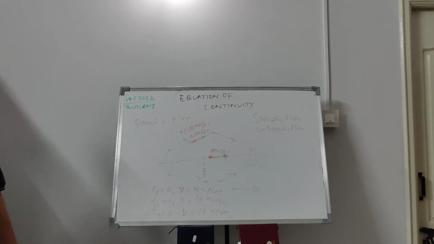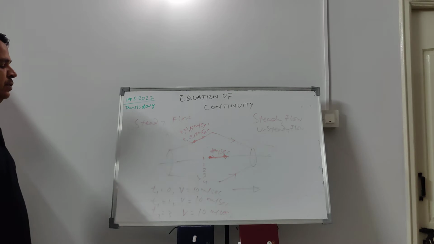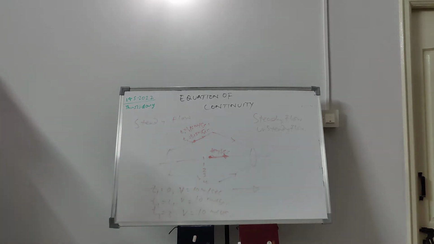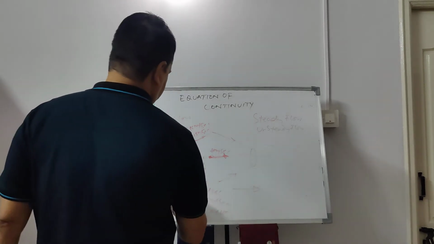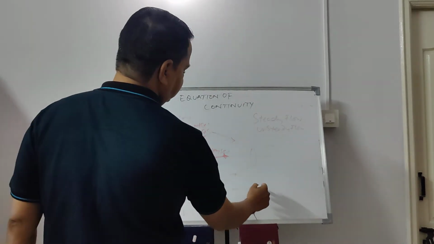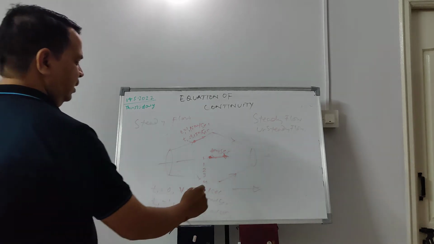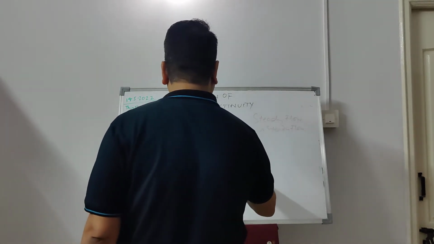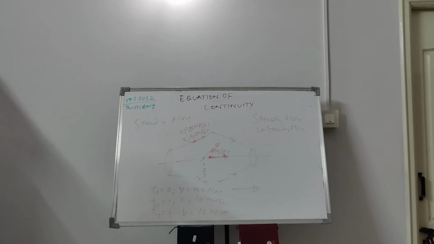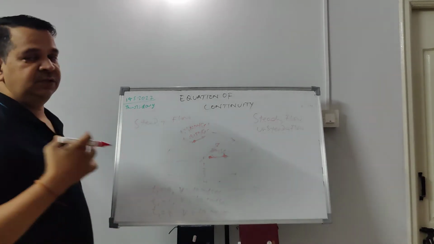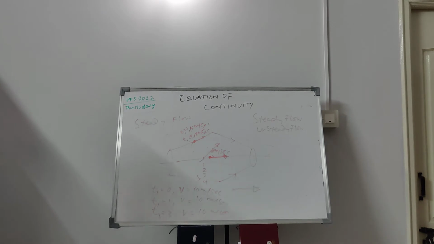But what is an unsteady flow? The opposite of that is an unsteady flow. Suppose at time t equal to 0 it is 10 meter per second, completely horizontal. But at time t equal to 1 it is 10 meter per second, but not in the same direction. So the magnitude has remained the same, but the velocity has changed its direction. Velocity is a combination of magnitude plus direction.